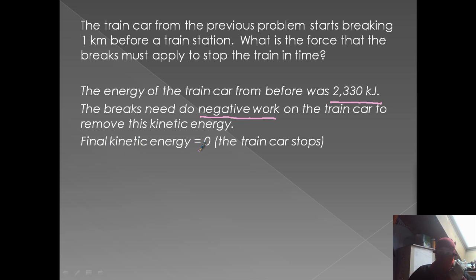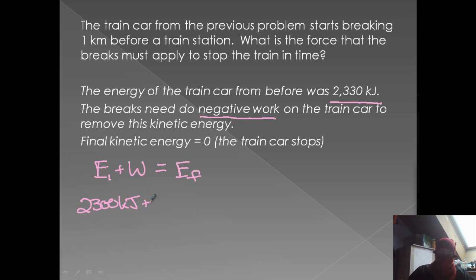So because the v is going to be 0, 1/2 times mass times velocity squared is going to be 0. So we use something called the work energy theorem. So the initial energy plus the work equals the final energy. So we know here that the initial energy we got from the last problem was 2,300 kilojoules. Oops, 2,300 kilojoules, not kilograms.